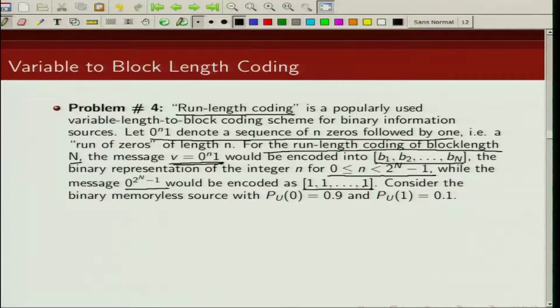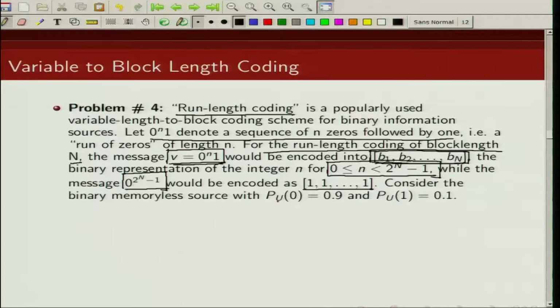So that's how run length coding works. Any sequence of this form is encoded into a sequence of length n, which is basically the binary representation where n lies between this, and if you have a run of all zeros, this is encoded as a sequence of ones of length n.